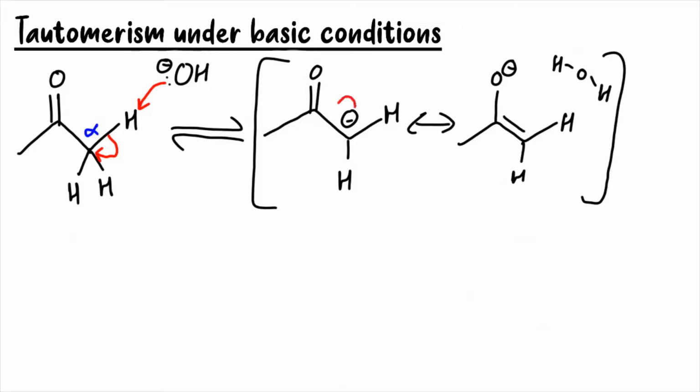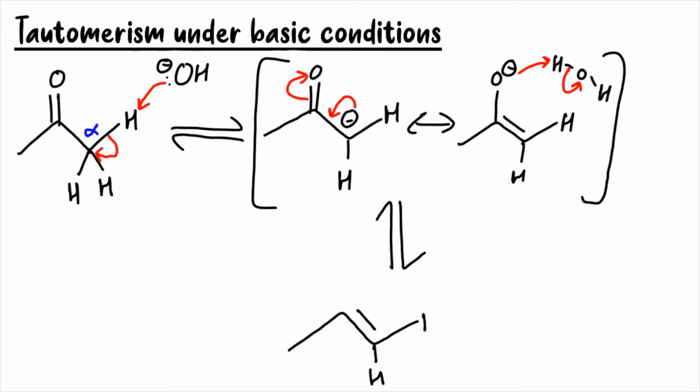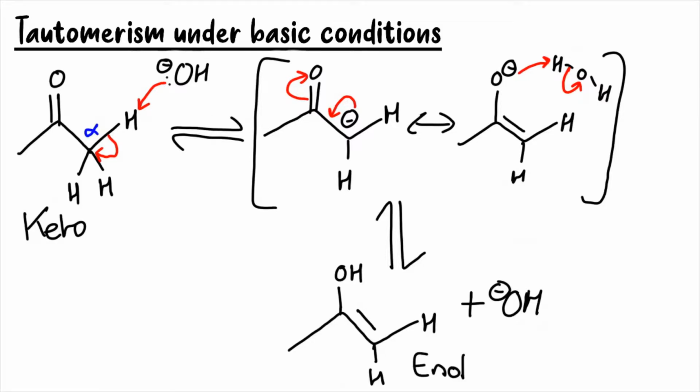So we have the formation of a double bond, which then breaks the carbon-oxygen bond, and then it's the protonation of the enolate ion on the oxygen, which gives us our enol. And it also regenerates the base catalyst. So we have a keto form on the left and the enol form on the right.